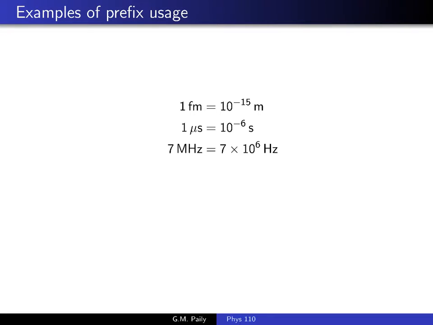7 megahertz, for example, is 7 times 10 to the 6 hertz, hertz being the unit of frequency. You would have heard of megahertz when dealing with radio frequencies, for example. And here we seem to have 1 kilometer equals 1,000 meters. However, this is wrong.